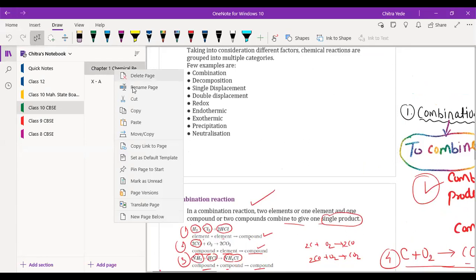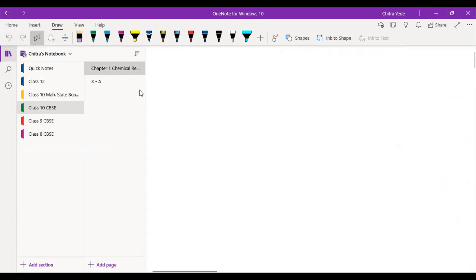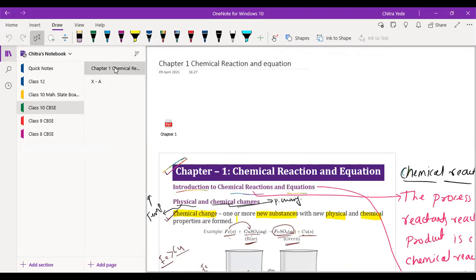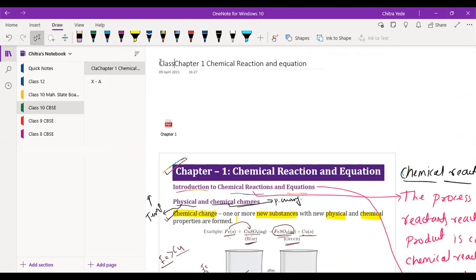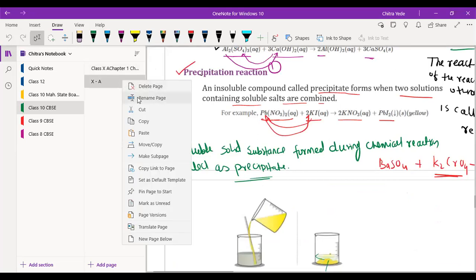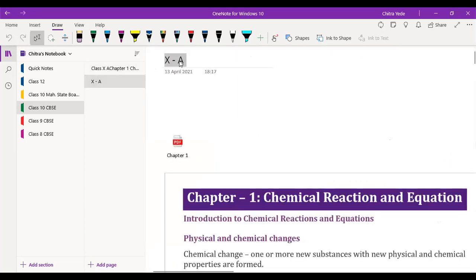Just let me rename this page. Class 10B.